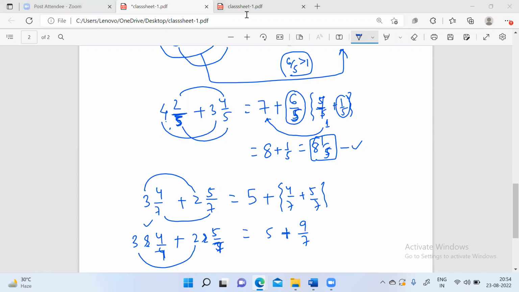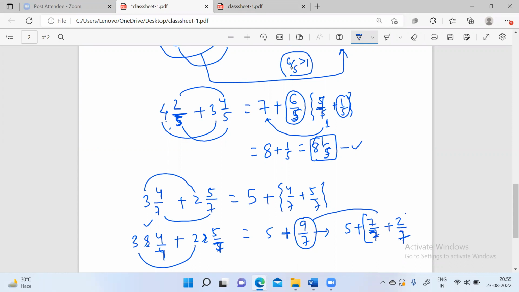Yes, sir. Okay. Since this number is greater than 1, I'll break it into two parts: 5 plus 7/7 to draw 1 from this number, and we will be left with 2/7. Is it clear now, Yogeshwar? 9/7 has been divided into two parts.